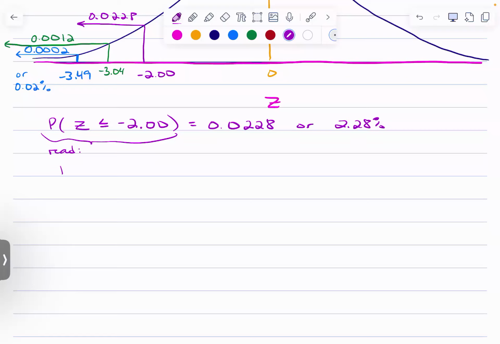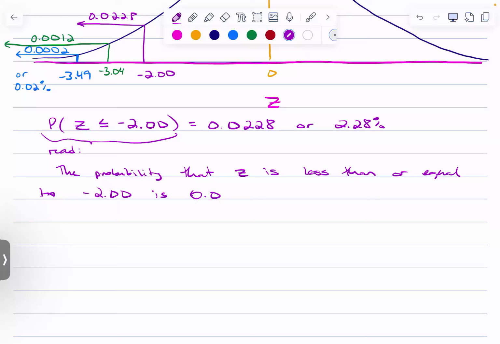Read this as the probability that Z is less than or equal to negative 2.00 is 0.0228.